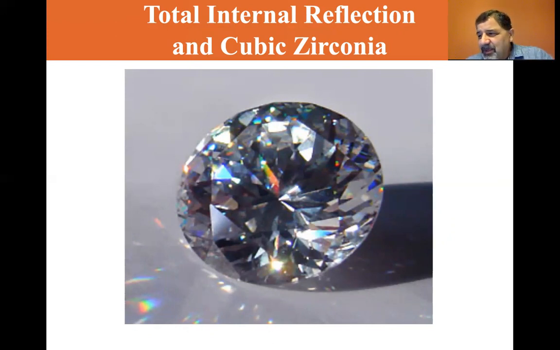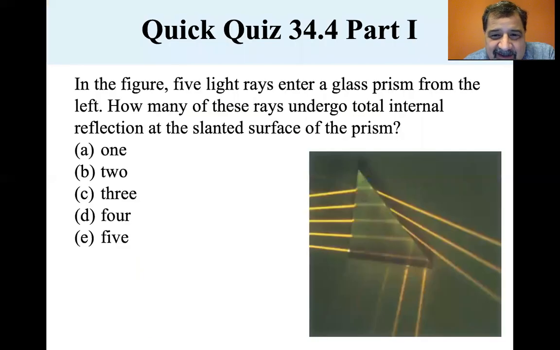The difference in N for cubic zirconia and that for corn syrup is small, so the critical angle is great. More rays escape sooner, and the sparkle completely disappears when you put it in corn syrup. Real diamond does not lose its sparkle when placed in corn syrup. So if you're a little worried that you got a cubic zirconia instead of the real diamond, put it in corn syrup.